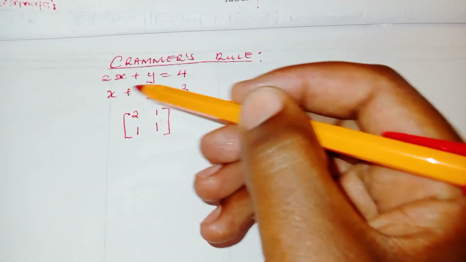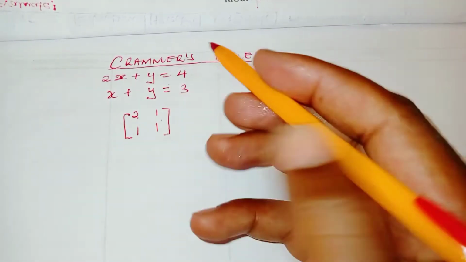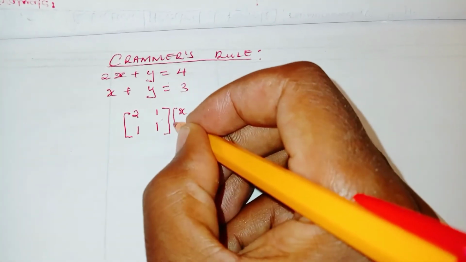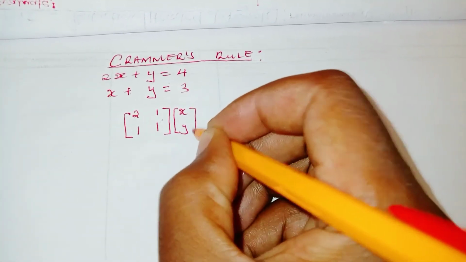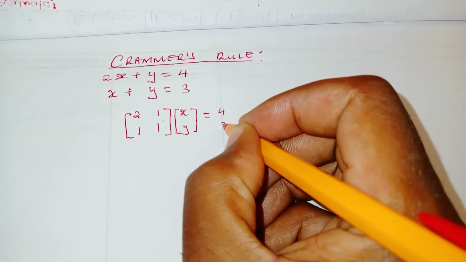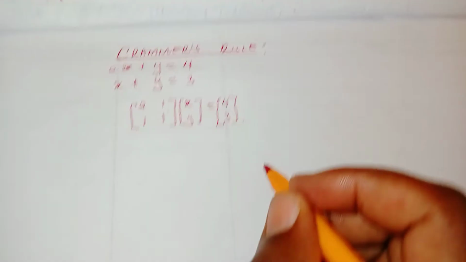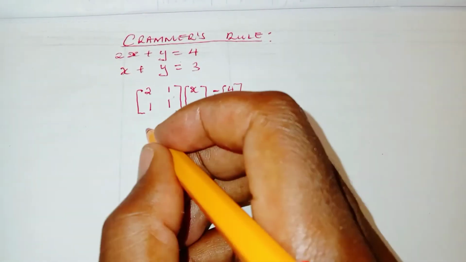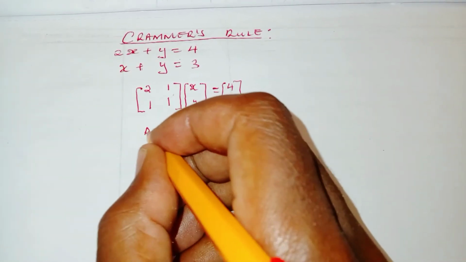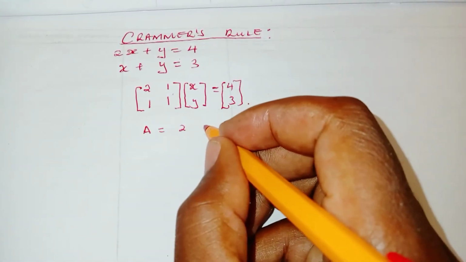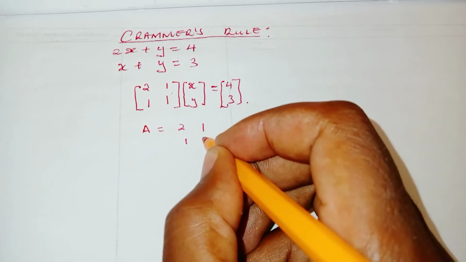So 1, 1. So we have 2, 1, 1, 1. Then we write x, y. Then we have 4, 3. And when we do that, we get this A as the matrix in front here: 2, 1, 1, 1.